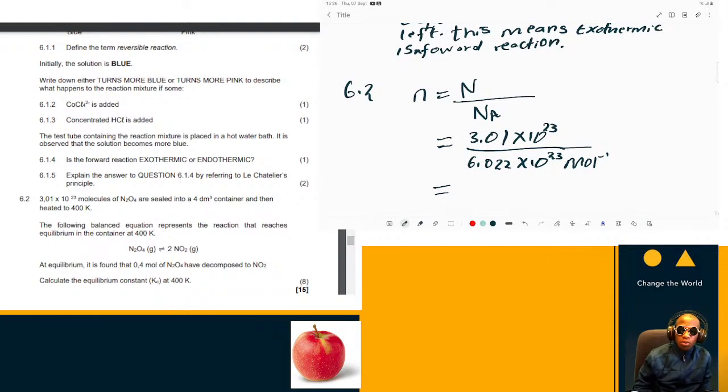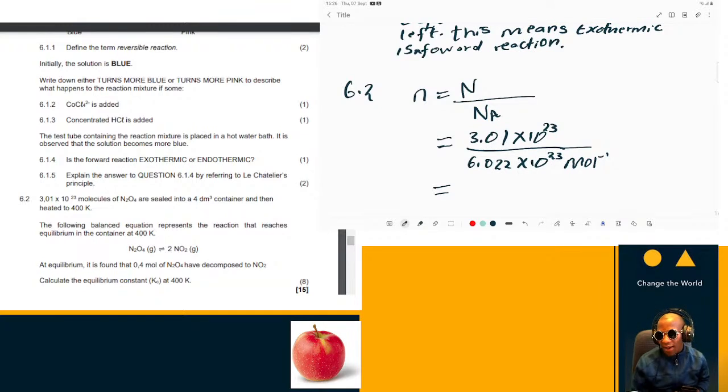So now, as I said before, we're going to use the important quantity that we were taught in grade 12. One mole of a compound is equal to 6.022 times 10 to the power 23 atoms or molecules.